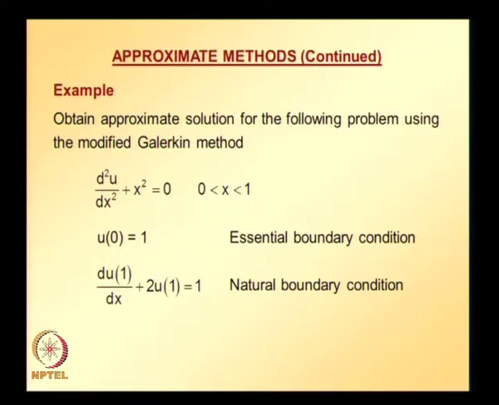So, the problem statement is like this: obtain an approximate solution for the following boundary value problem using the modified Galerkin method. It is a second order differential equation that we need to solve over the domain x going from 0 to 1, and two boundary conditions are given. One boundary condition turns out to be an essential boundary condition, and the second turns out to be the natural boundary condition.